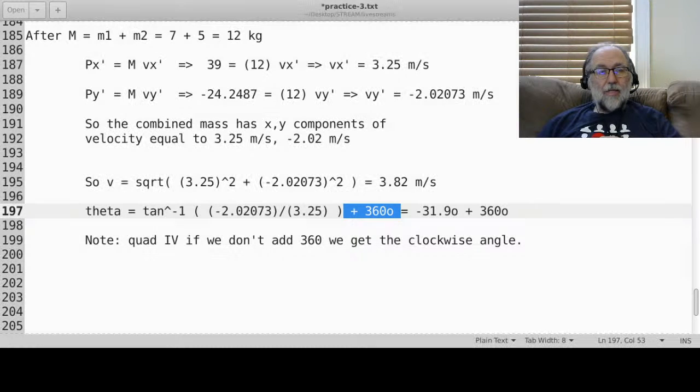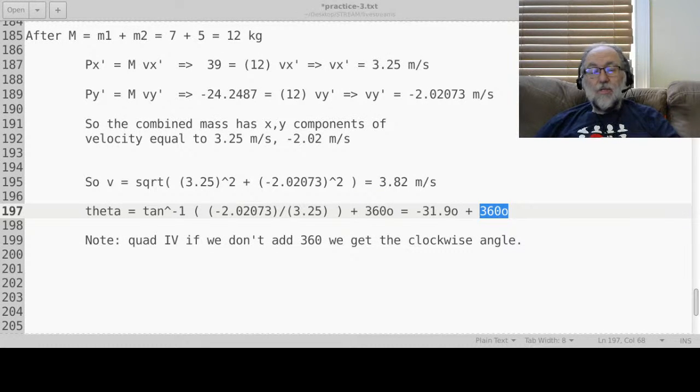And that's going to give us negative 31.9 degrees plus 360. Here again, we can use this interpretation where we can go ahead and add in the 360, and we get some positive number, a little less than 300, if you're measuring counterclockwise. But you know what? Adding that 360 is actually optional.